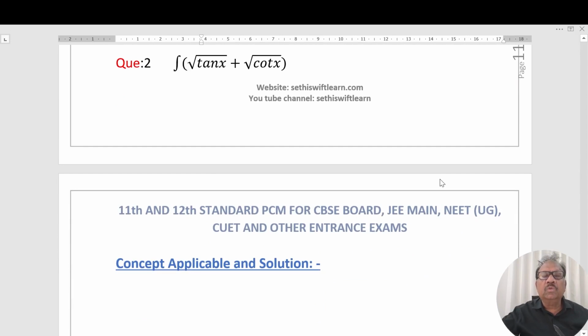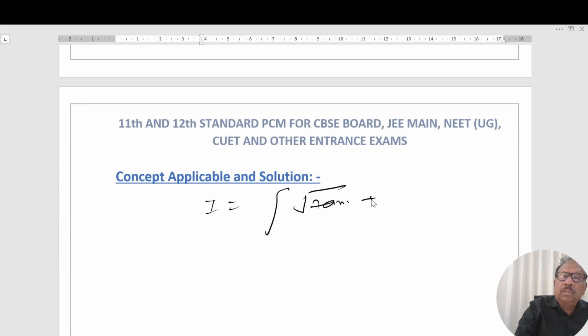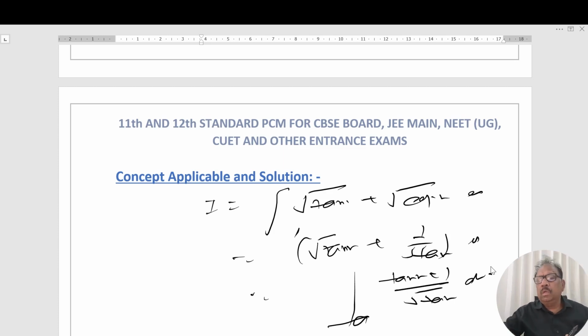Next question: under root tan x plus cot x. Under root tan x plus under root cot x. Now you can see, in this case, on simplification, under root tan x plus 1 over under root tan x dx.